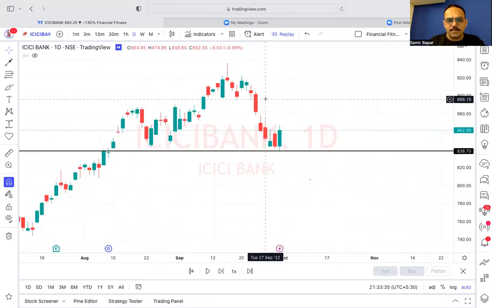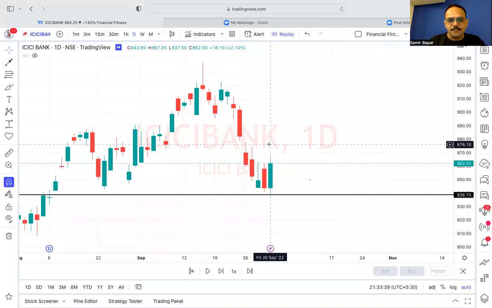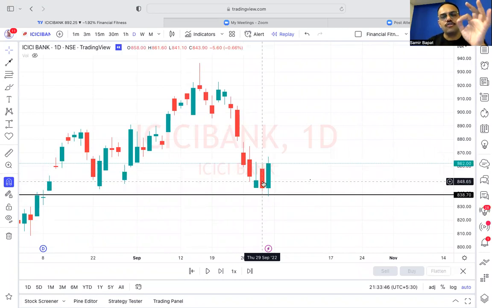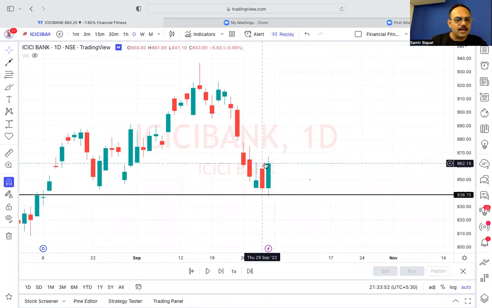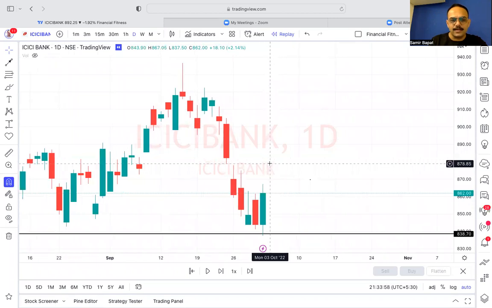Third is when the price reaches here, there should be a red candle. Okay, this red candle body should be totally covered by a green body. Correct? Everyone can observe.